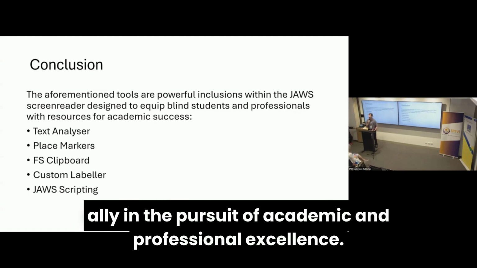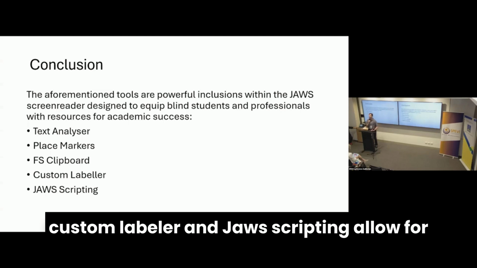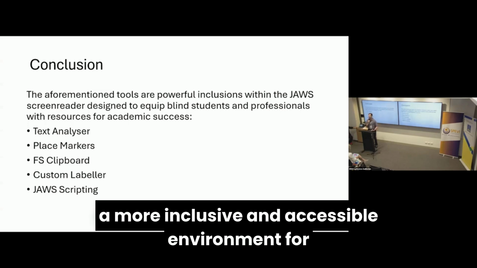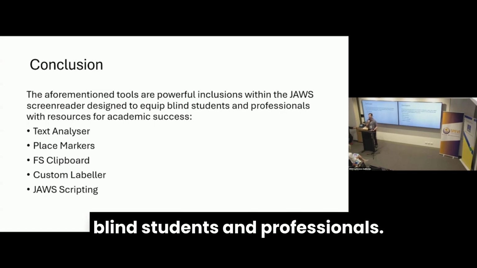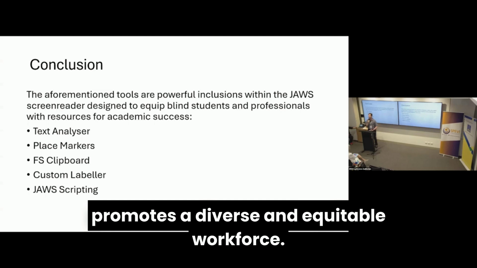It's a powerful ally in the pursuit of academic and professional excellence. These features, Picture Smart, Place Markers, the custom labeler, and JAWS scripting allow for a more inclusive and accessible environment for blind students and professionals. It fosters independence, builds confidence, and promotes a diverse and equitable workforce.